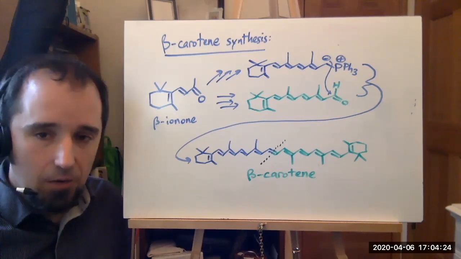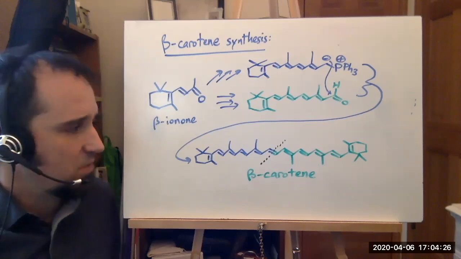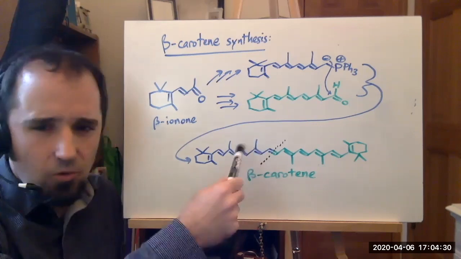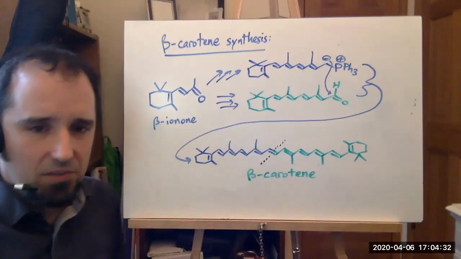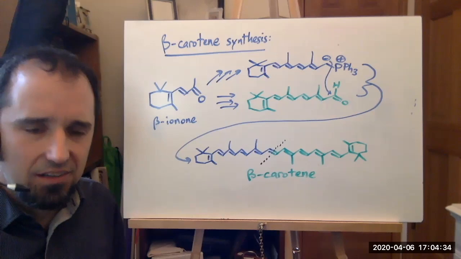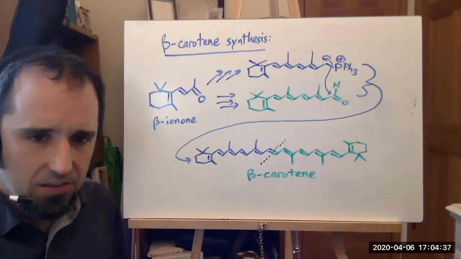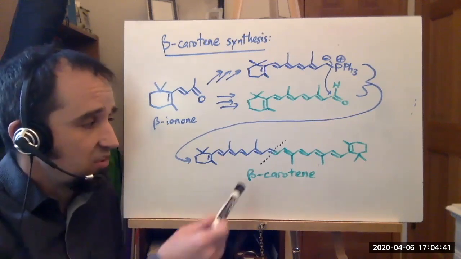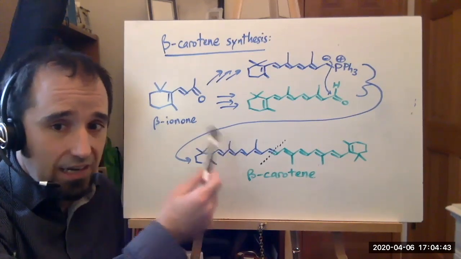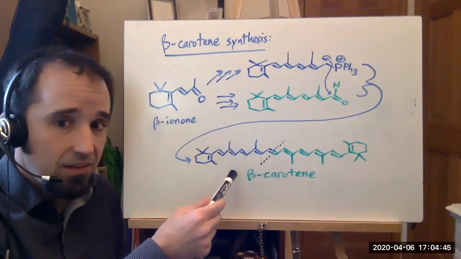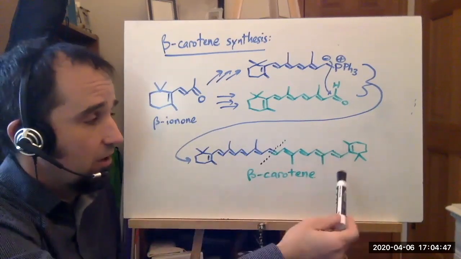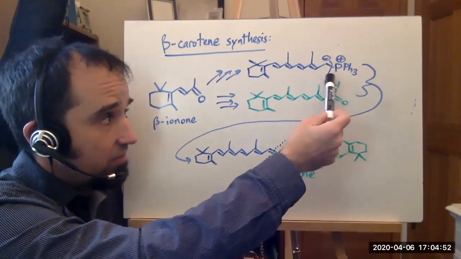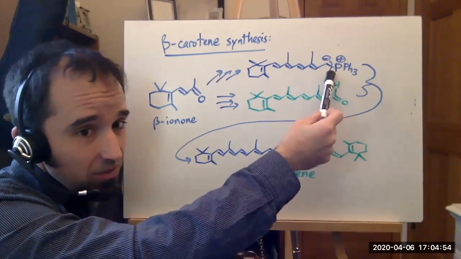Anytime you see a carbon-carbon double bond, especially if it's di-substituted or tri-substituted, if there's four things around it, it might be too sterically hindered and congested to get this Wittig reaction to work. But aside from that, anytime you see a carbon-carbon double bond, we can mentally chop it in half and say, okay, I can get there if one of the halves is an aldehyde or ketone and the other half is this weird phosphonium ylide.